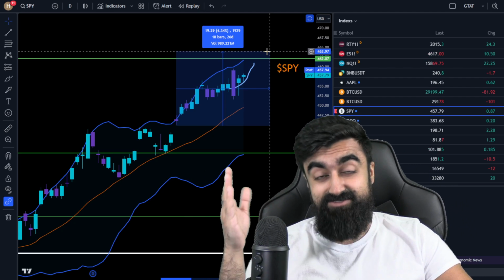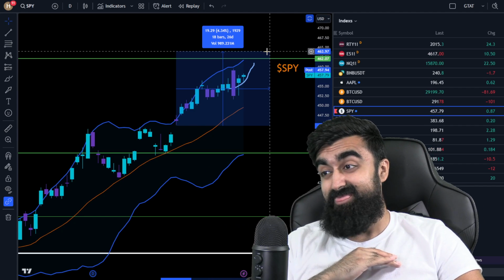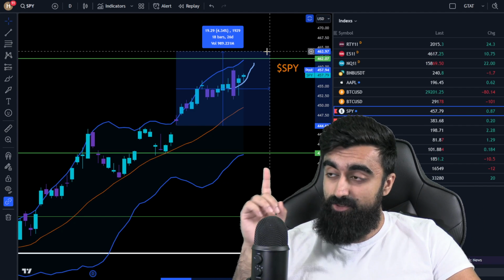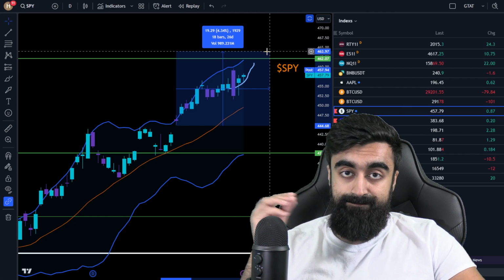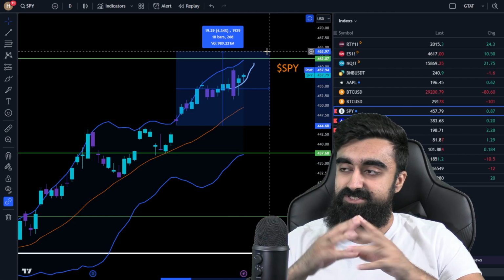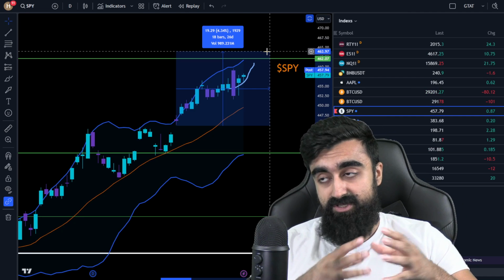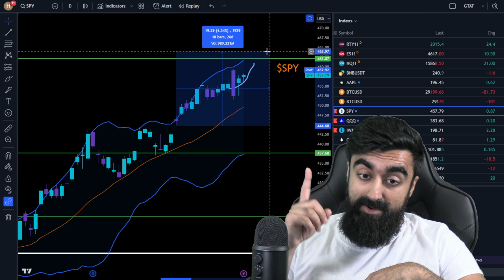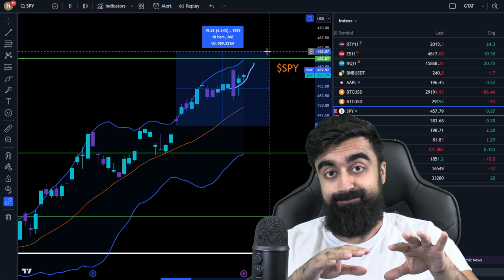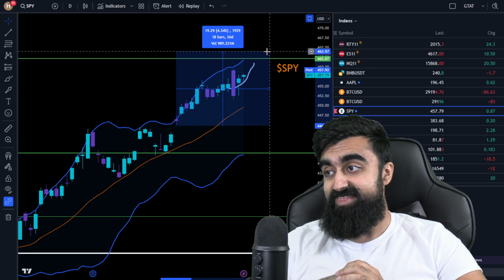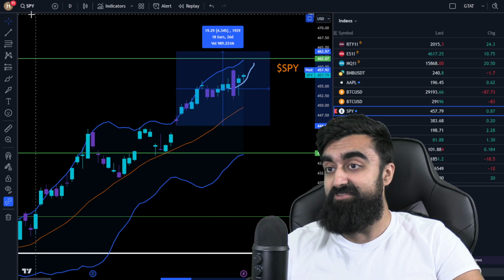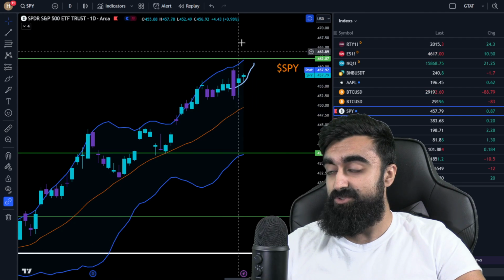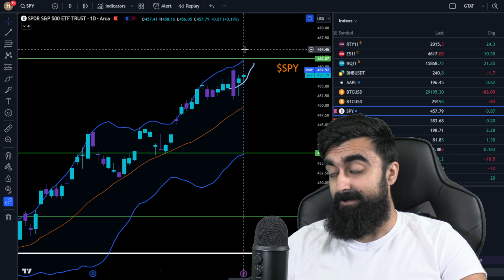And if we get to 464, that would only happen if we get an impulsive move above 460 to 462. Once we hit 460 to 462, people are going to start shorting. An impulsive move above that would rip everyone that's trying to short, and then it's going to be pretty fun to start averaging into shorts as we get up here.